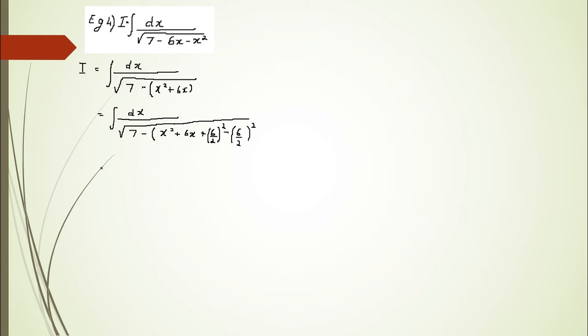So this will be equal to integral dx divided by whole root of 7 minus, now this I will get here x square plus 6x plus 3 square, and here I'll get plus 3 square.